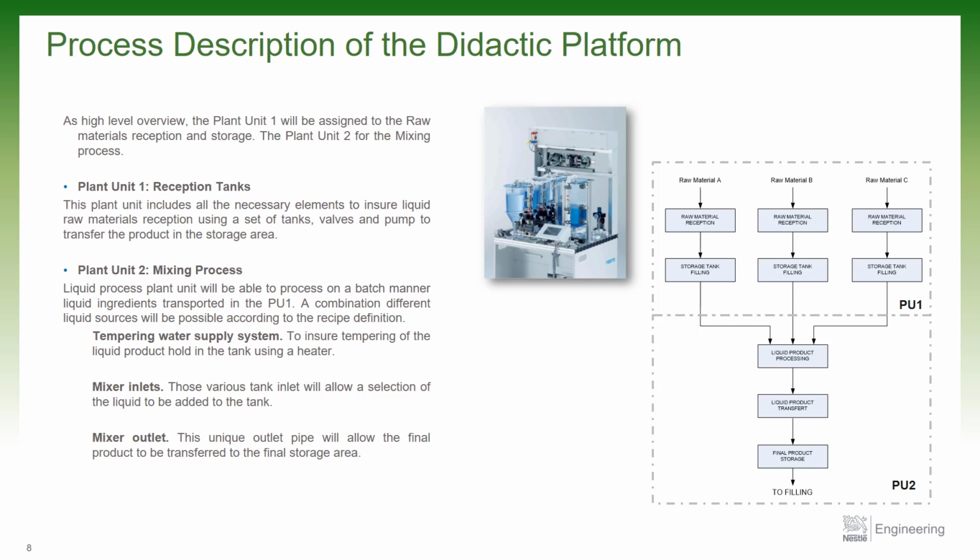It includes a set of tanks, valves, and motors. Plant unit 2 is the mixing process with a tempering, a dosing system for the 3 raw materials, and a transferring.